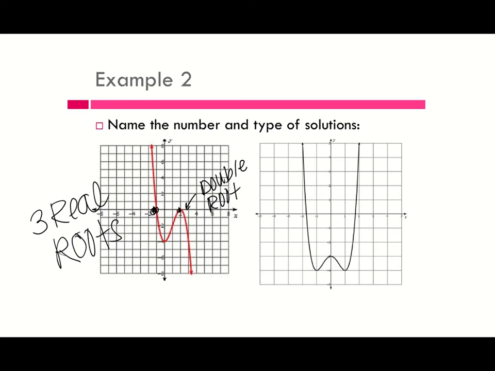Of those 4, 2 are going to be real, which makes the other 2 imaginary or complex. And those are going to be located on my graph, but not crossing my x-axis.